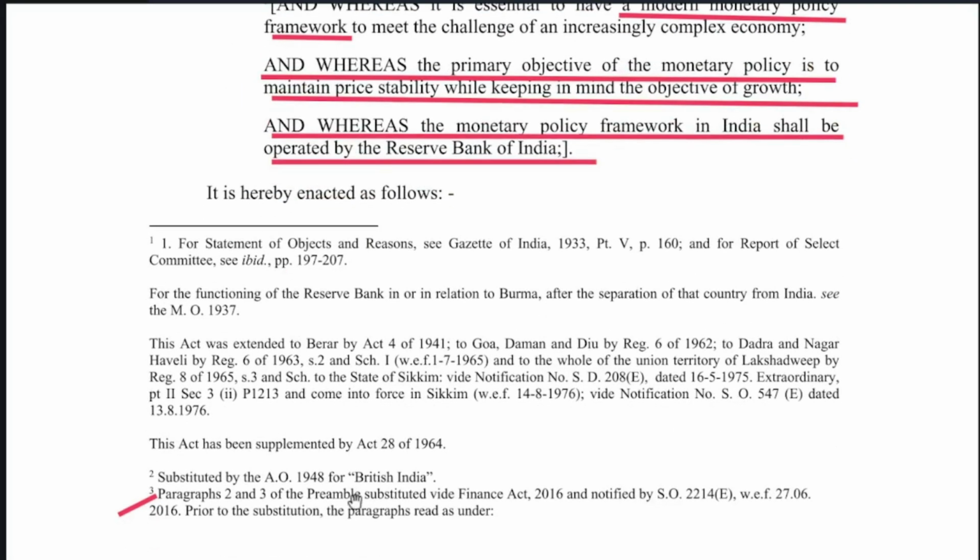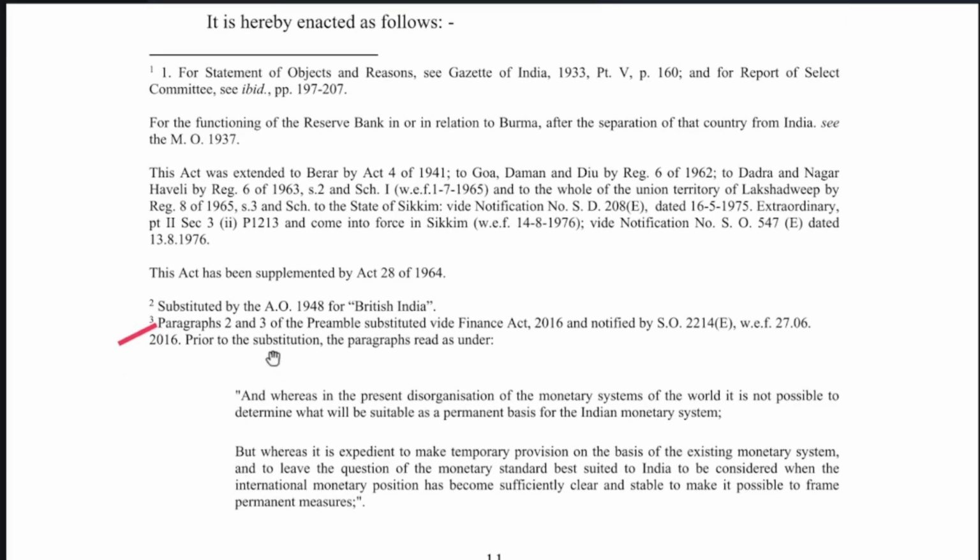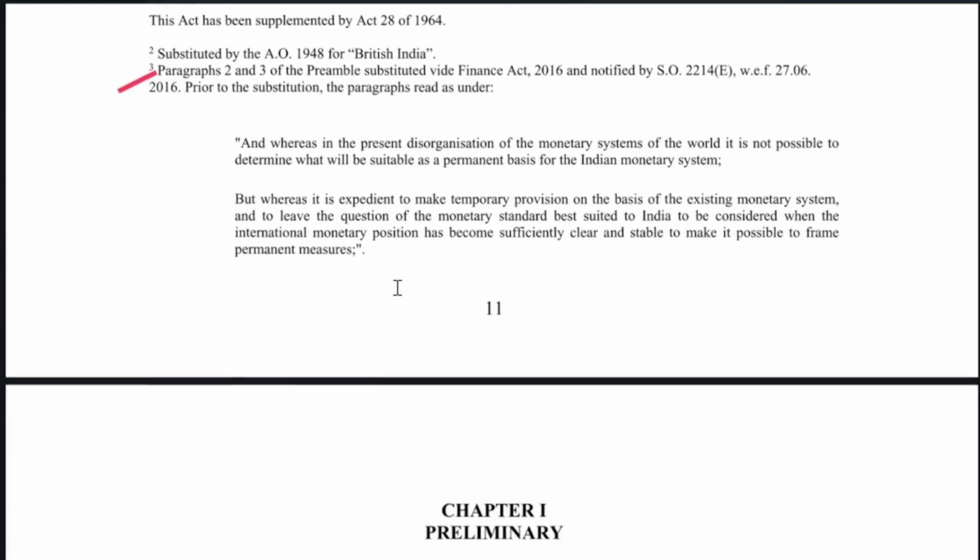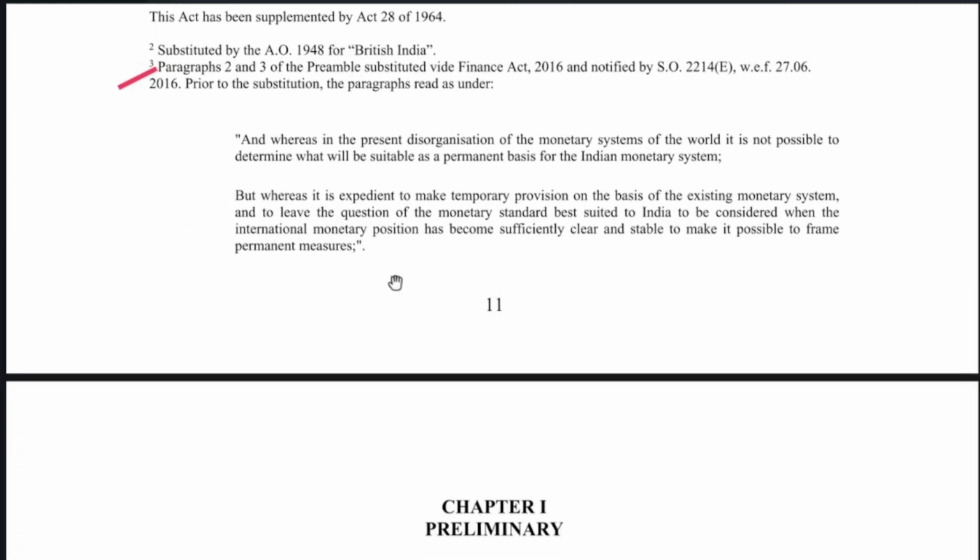They were added later through the Finance Act of 2016, with effect from 27/6/2016. And the Act itself provides what the content of the paragraph was prior to the substitution.